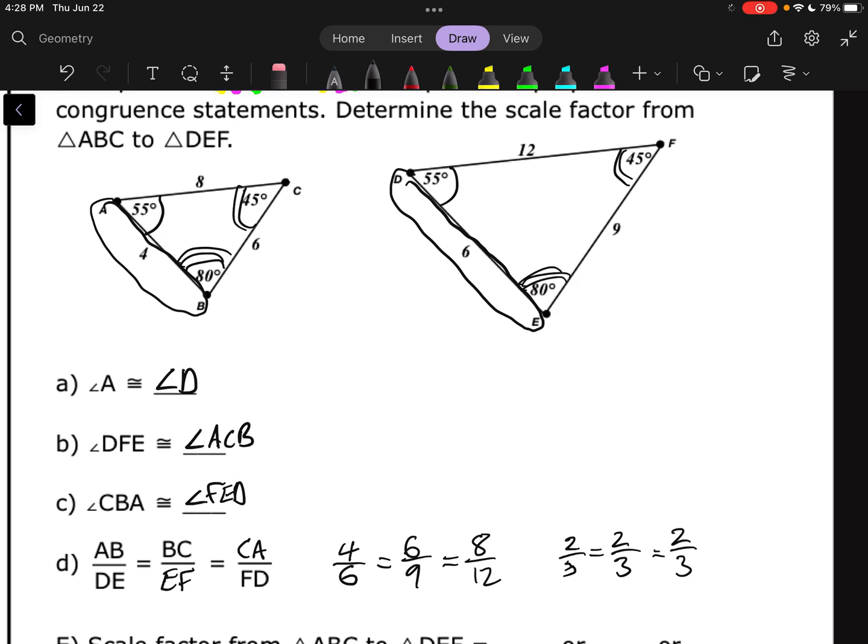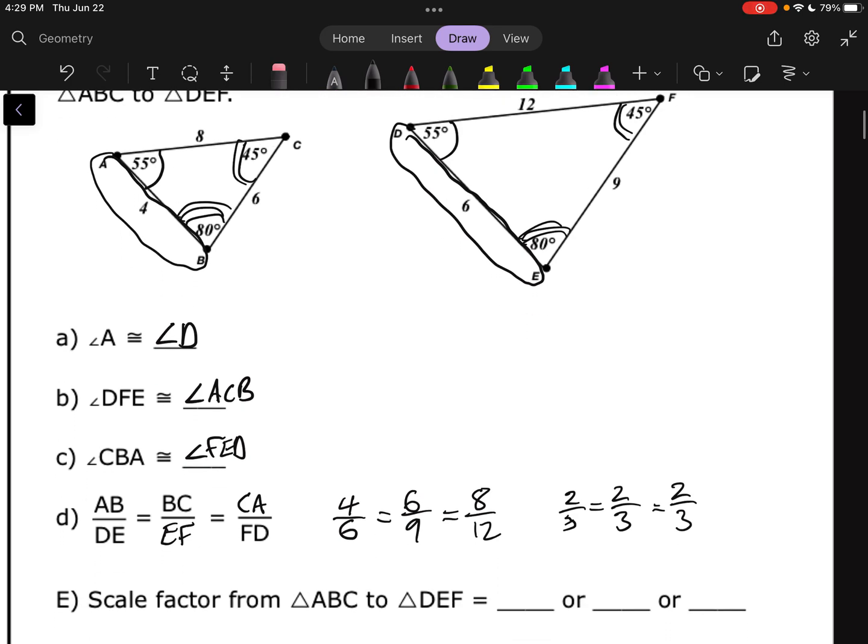So we can tell all of those simplify down to the same thing. That's what it means for the ratios of the corresponding sides to be equal. If you make a ratio out of two corresponding sides, it needs to be the same no matter which set of sides you're looking at for similar figures.